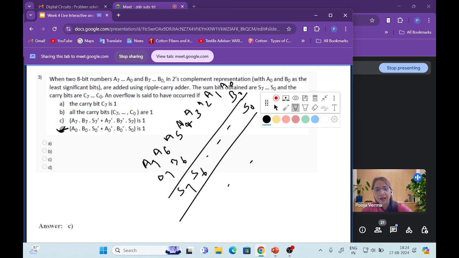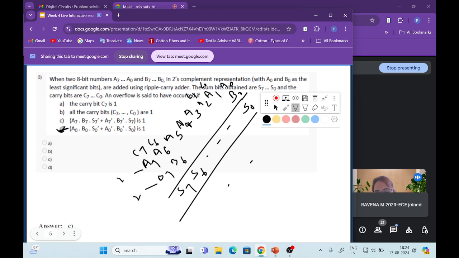If we are adding these two, there may also be carries generated, so I am writing carries C7, C6 and so on. Carry number 7, 6 and carry number 7. So overflow will occur in this condition if A7 and B7 both are 1s.